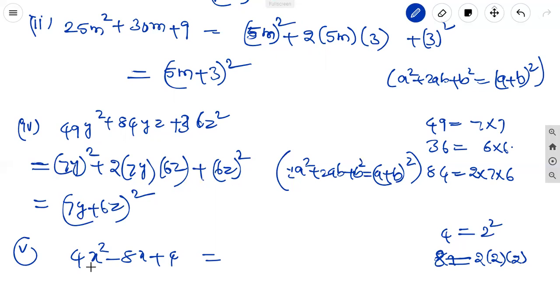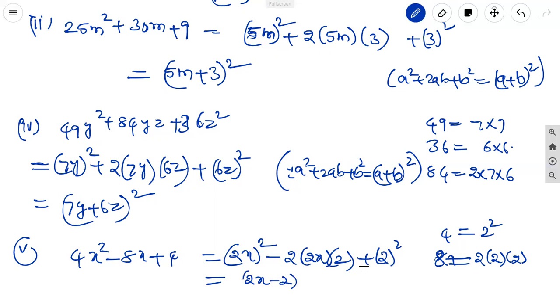One a is 2x, another b is 2. So 4x square can be written as 2x whole square minus 2 into a is 2x, 4 can be written as 2 whole square, b is 2. So it is equal to 4x square, 2 twos are 4, 2 fours are 8x plus 4 square.